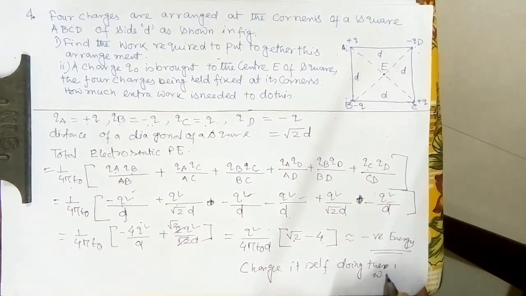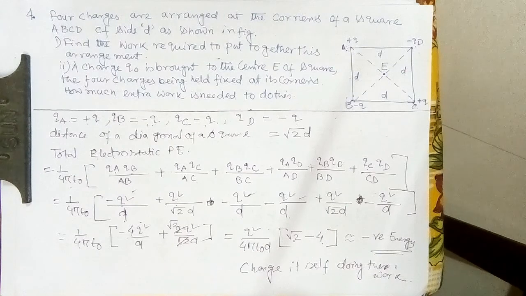I have told earlier, if you have done any work externally, that work done stored on a charge as its positive potential, but if it is done by its own, then the work done is negative. Okay, so this is the numerical.